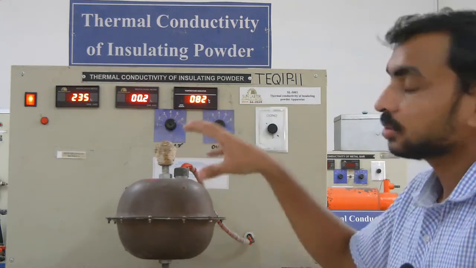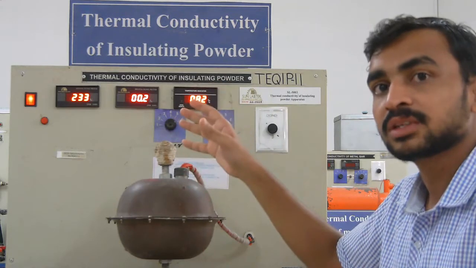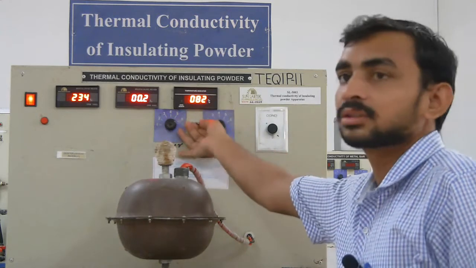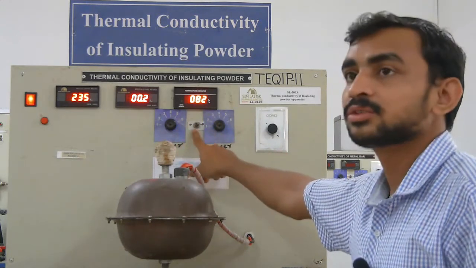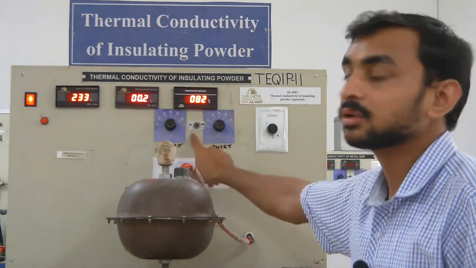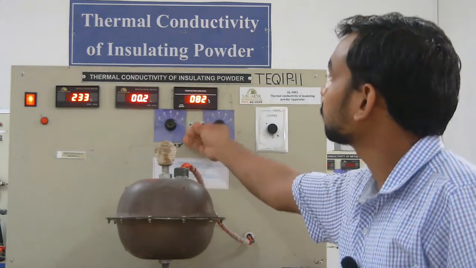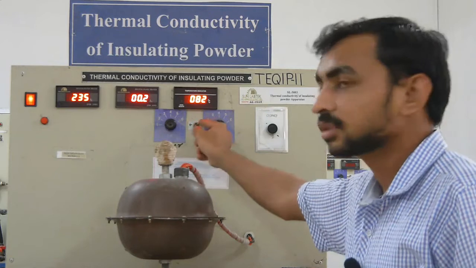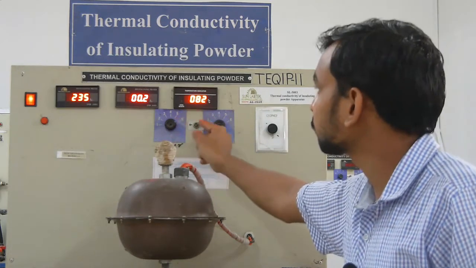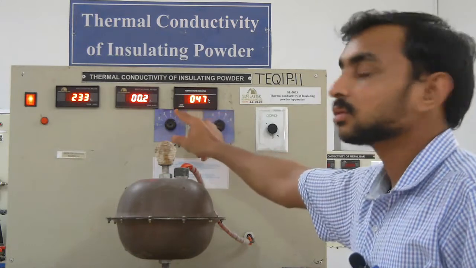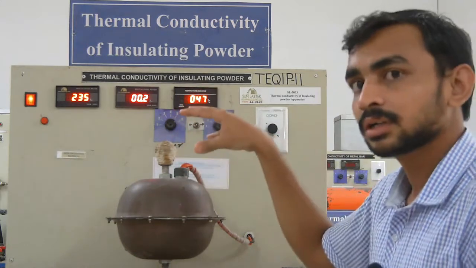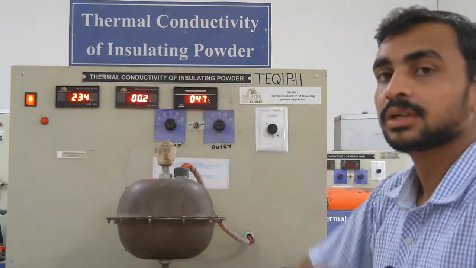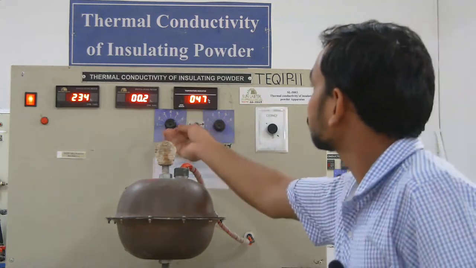As I already mentioned, there are six thermocouples in the inside sphere and six thermocouples in the outside sphere. The switch which you see in the middle of this inner outer selector is such that if we move this key towards the inner sphere, all values will be of the inner sphere thermocouples.